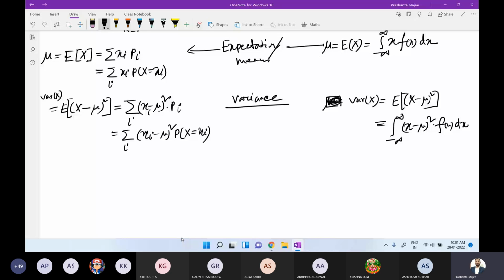Standard deviation is denoted by sigma. Sigma is the square root of var x. In both the cases, sigma equals the positive square root of var of x, variance of x. So this is standard deviation.